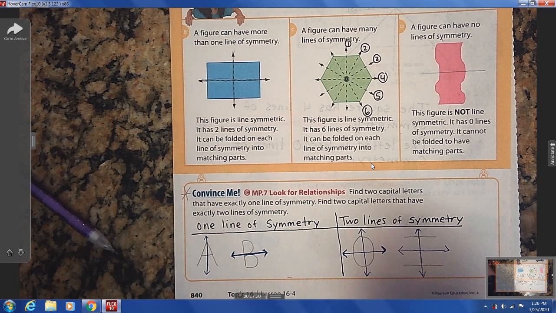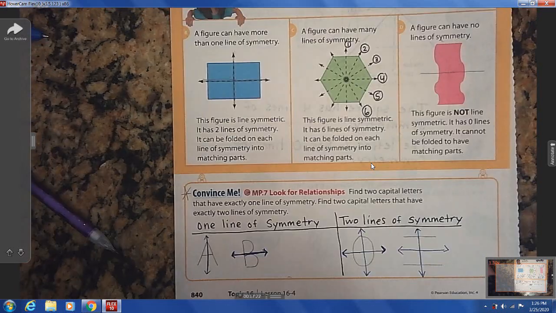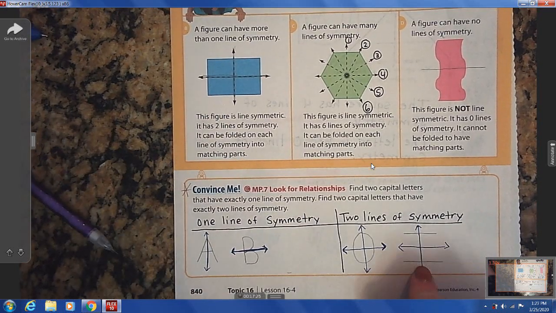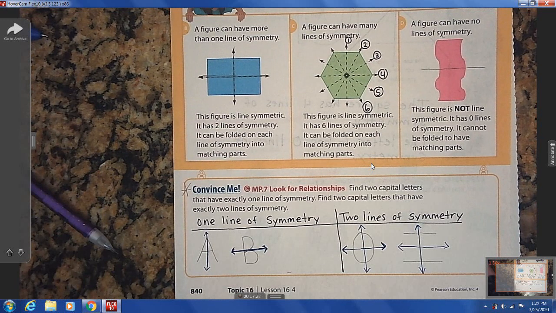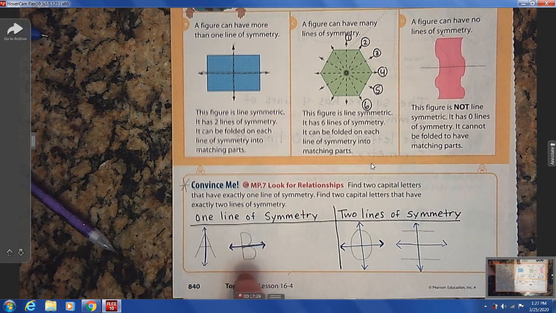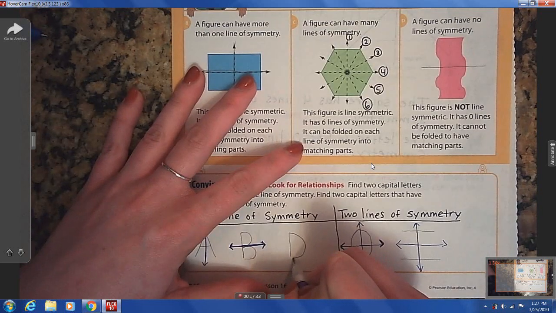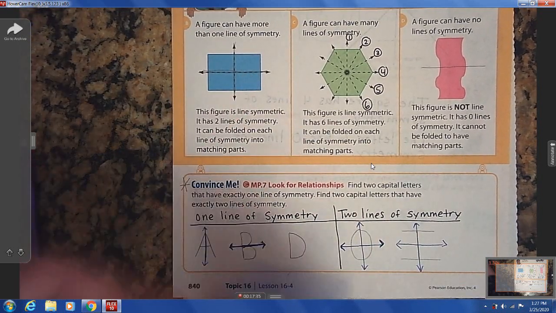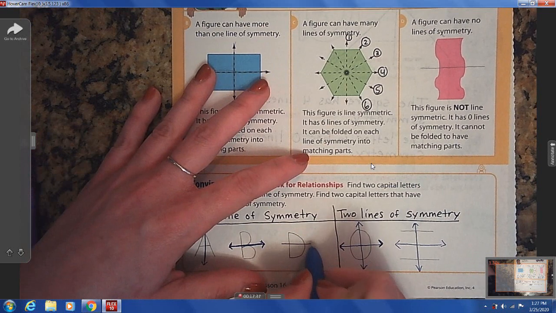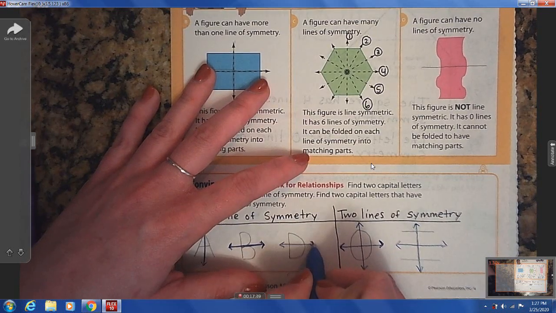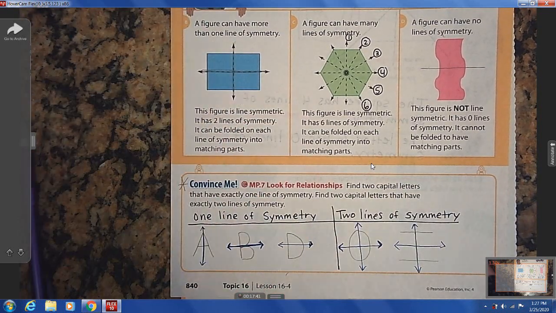And there's other letters that you could draw too. I'm thinking in my head an H would work for two lines of symmetry. The letter D could work for one line of symmetry, because you could draw the line here. So you might have had different letters than I did, but these are just my examples.